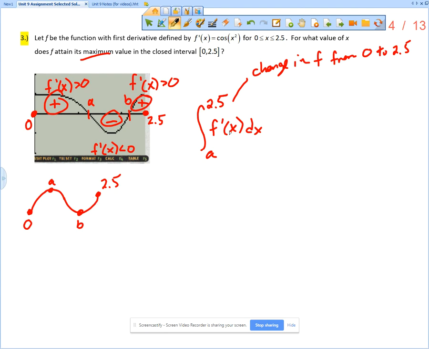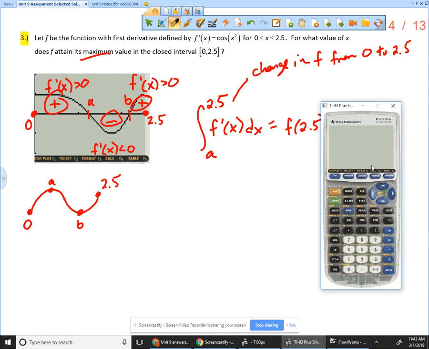The integral from A to 2.5 is going to be equal to f of 2.5 minus f of A. In order to start this calculation, we need to know what A is. So we go to our calculator, and we already graphed it, so now I'm going to find A. I'm going to do second trace, and I want the 0, so number 2. Now left bound.